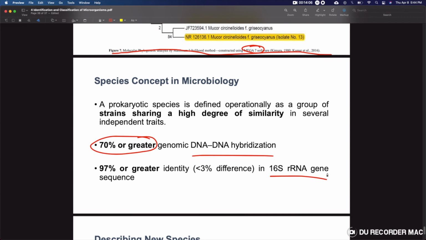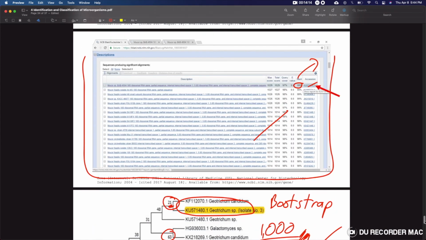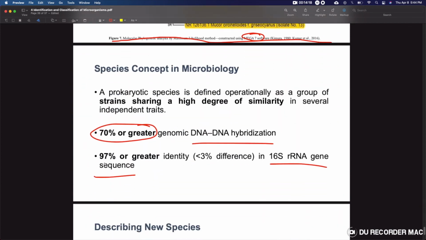For the 16S RNA gene, for the BLAST sequence that we do, the BLAST search mentioned earlier, we need at least 97% or greater. We need to have less than 3% difference in the 16S RNA gene sequence for us to say that they belong to the same species.